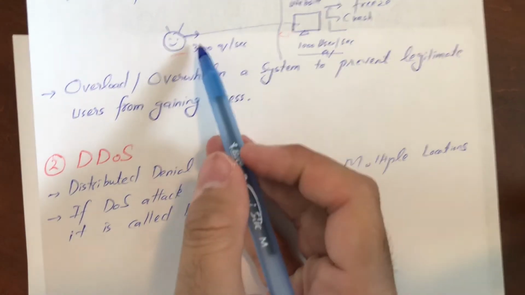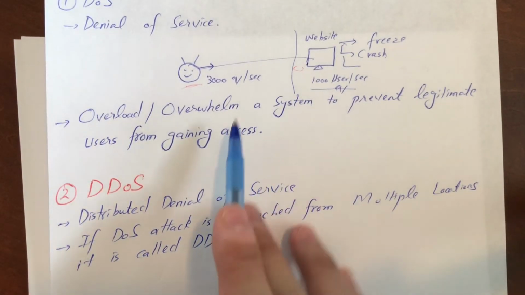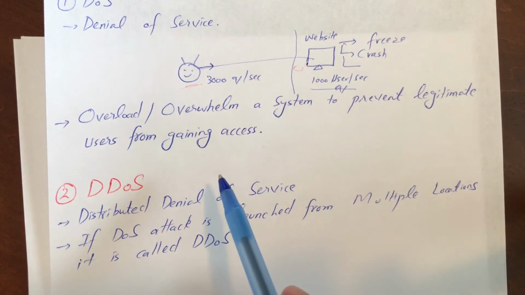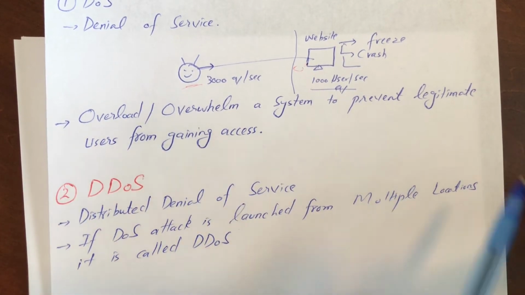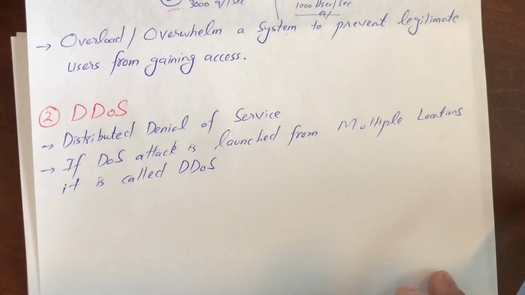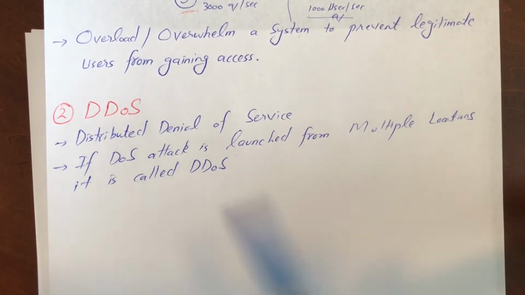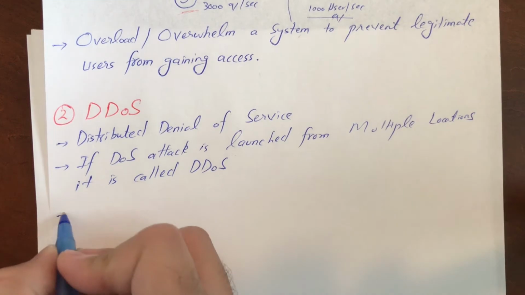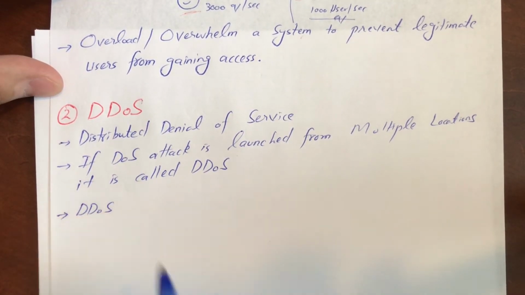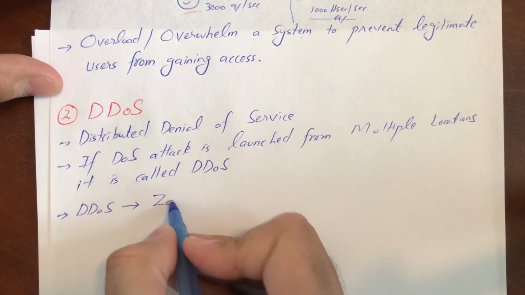Just imagine, rather than the attack coming from one source, if the attack starts coming from 3,000 different users, then it is called a DDoS attack, and it is always hard to avoid. To launch a DDoS attack, attackers usually use the concept of zombies.